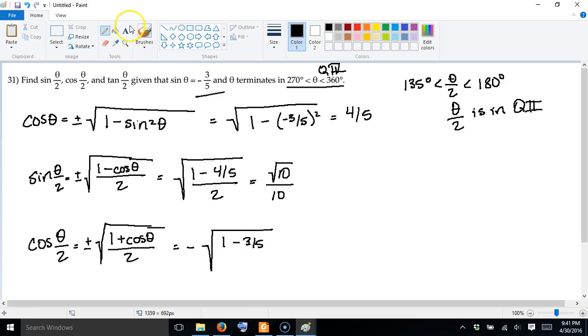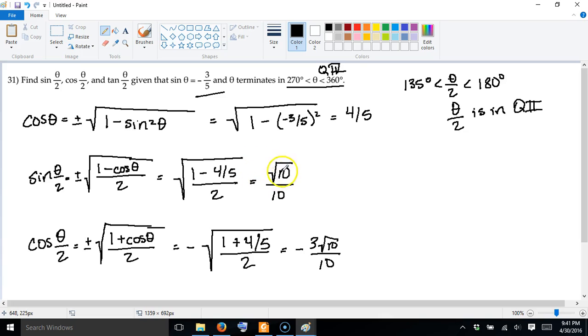Oh, not 3/5, 4/5. So it's plus, sorry, plus 4/5 over 2. And that's equal to negative 3 square root 10 over 10. I'm just reducing all of this in here and rationalizing it to get to that part right there.